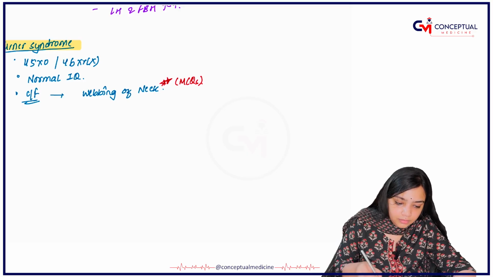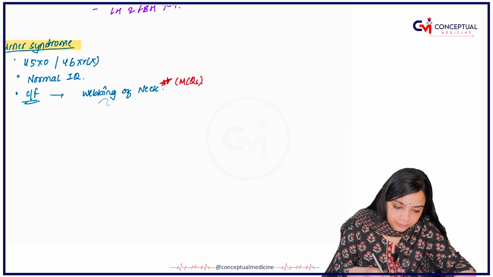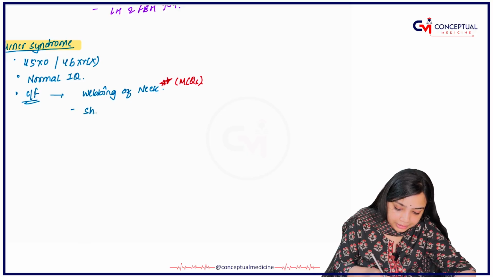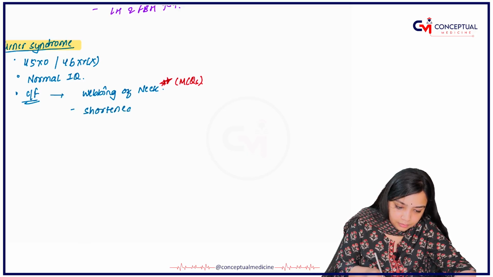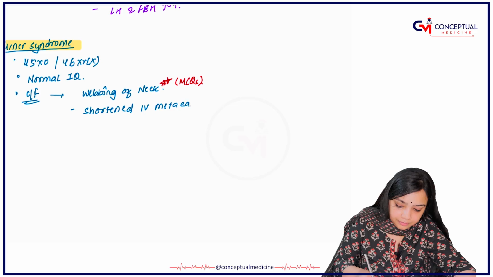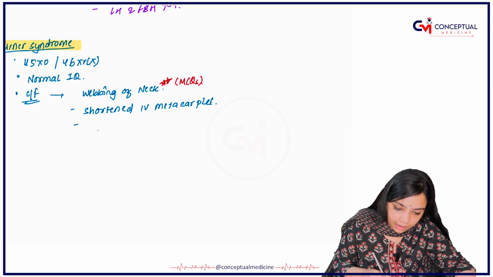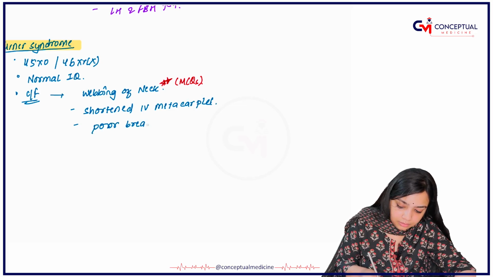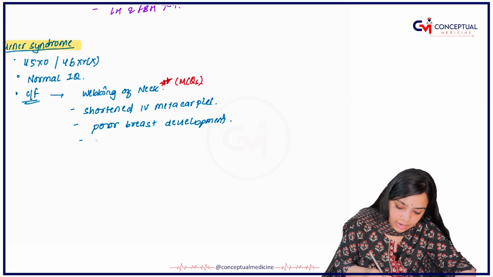Okay, next that you have is the shortened fourth metacarpal. And there is poor breast development and cystic hygroma.